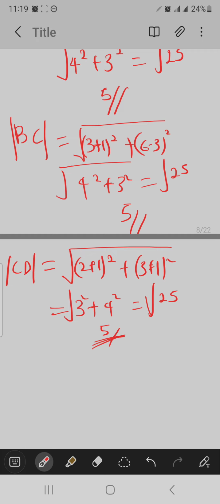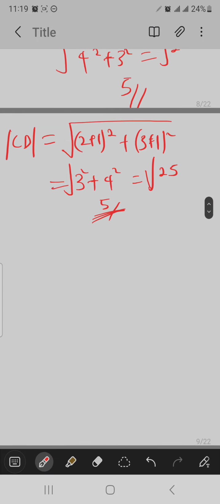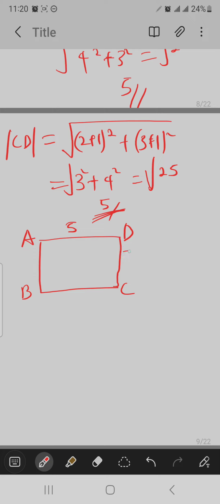You can see that all these four sides are equal. So AB, BC, CD, DA are 5, 5, 5, and 5. This one is equal to this, equal to this, equal to this.